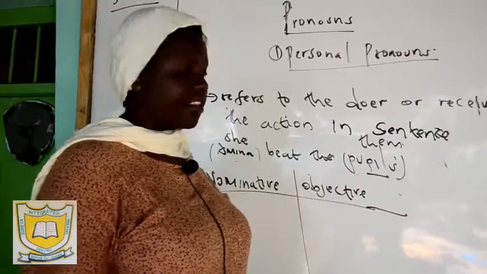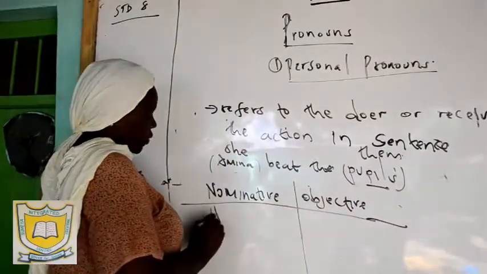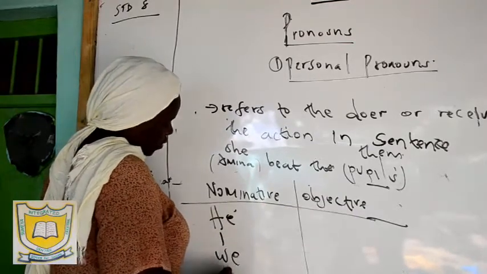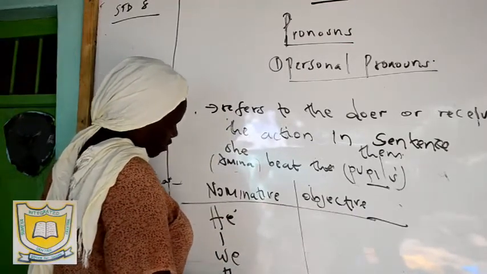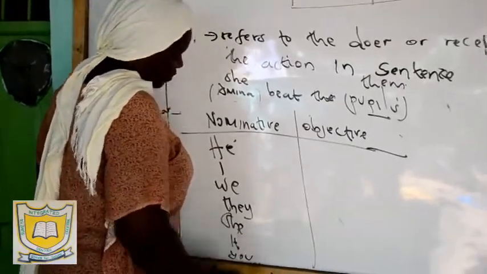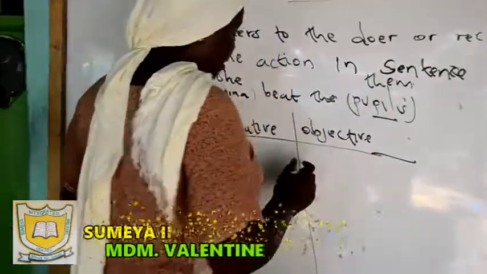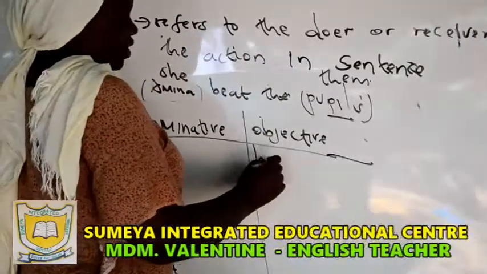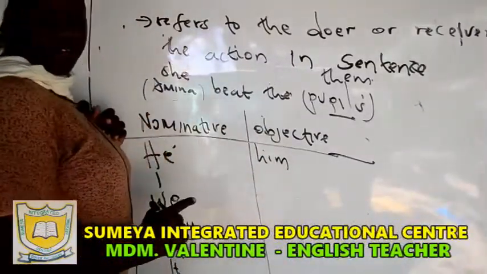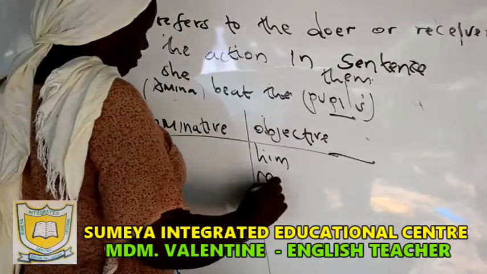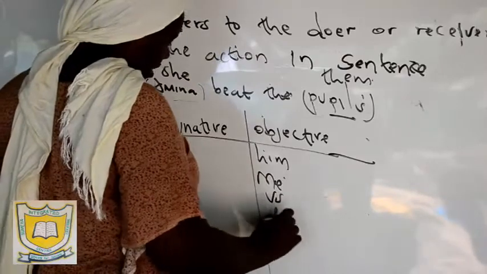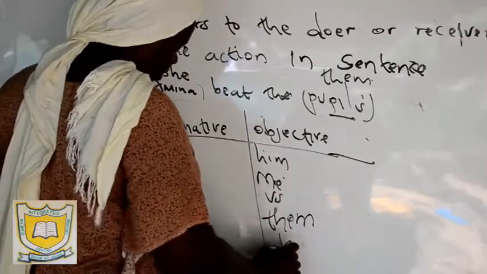For nominative, examples: we have he, I, we, they, she, it, and you. For objective, he becomes him, I becomes me, we becomes us, they becomes them, she becomes her.